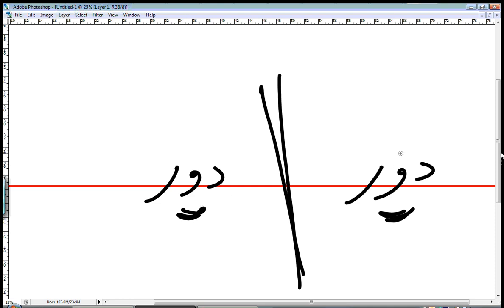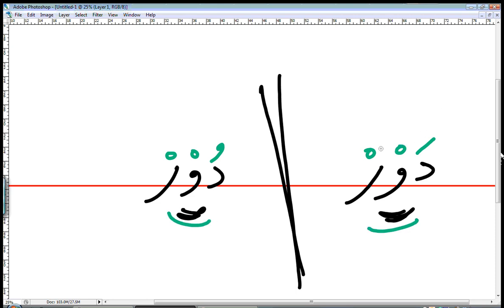Do we pronounce it like wa, or do we stretch the letter before it? Well, you have to look at alamat tashkil, unless you're advanced and can know by the sentence. This one could be dawr or dur. In this case, it's not stretching, and in this case, it's stretching.